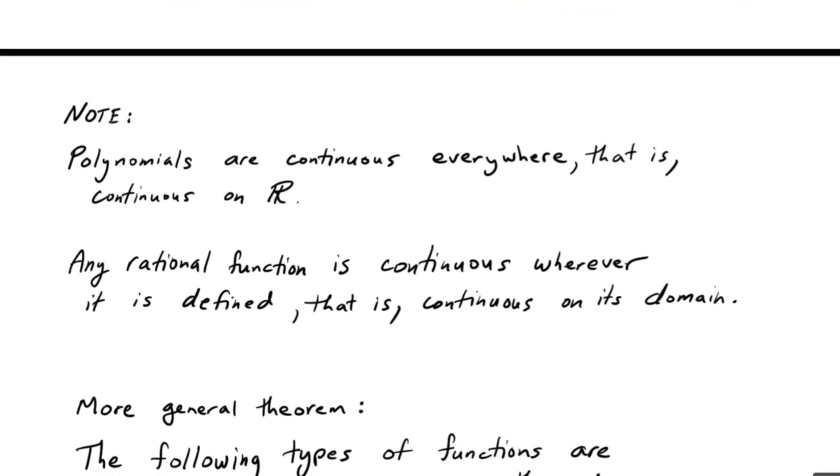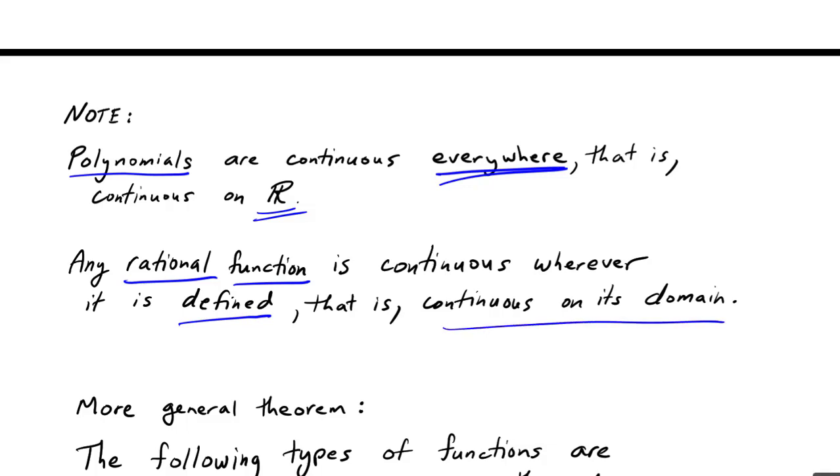Okay, so can we generalize this? Yes. So let's see about some common functions we know. Polynomials are continuous everywhere. That means continuous everywhere on the real line. All right. How about a rational function? Any rational function is continuous wherever it is defined. That is, continuous on its domain. Let's go back.